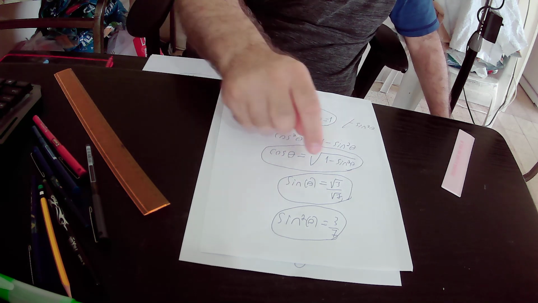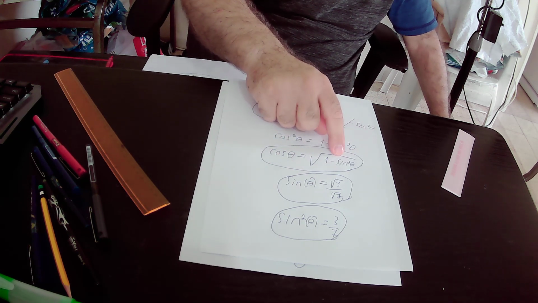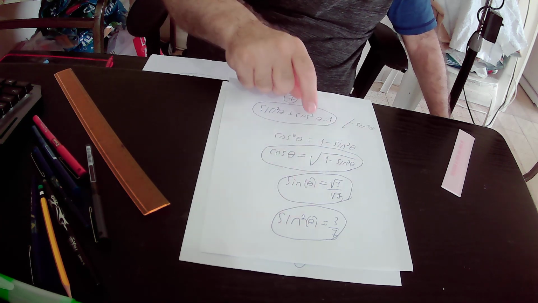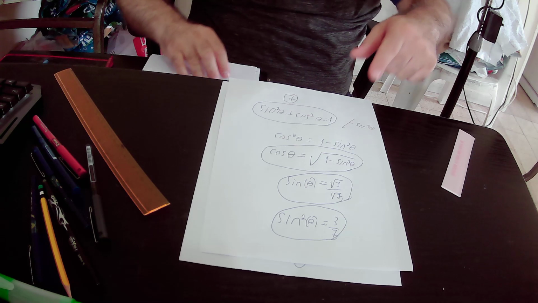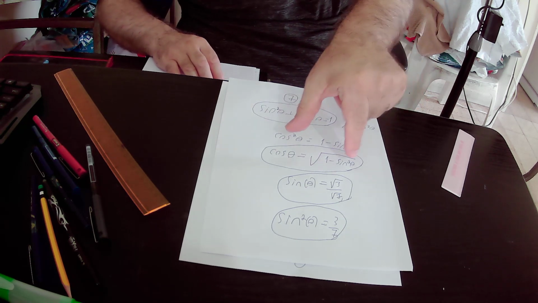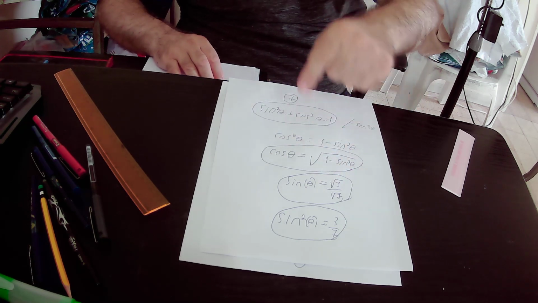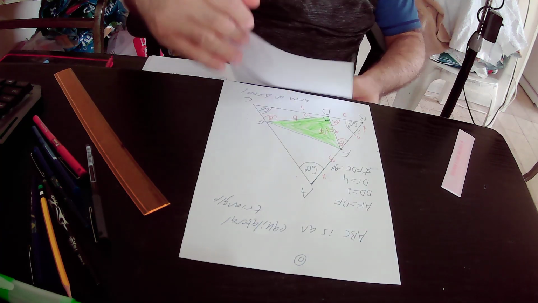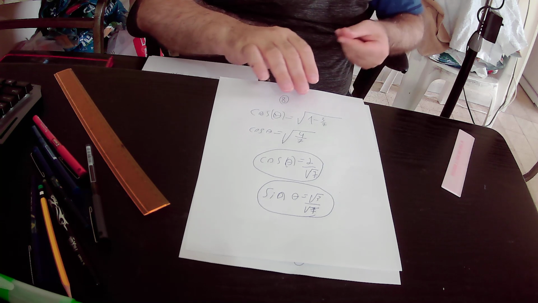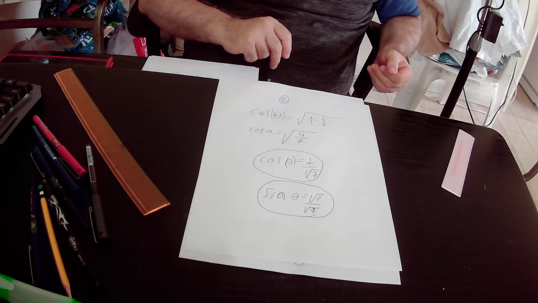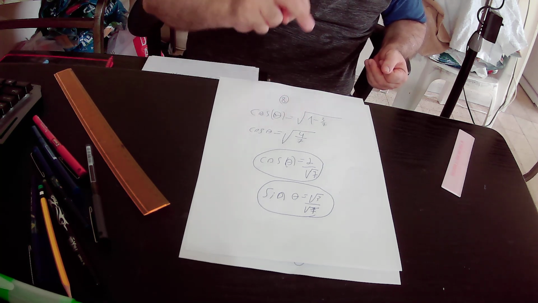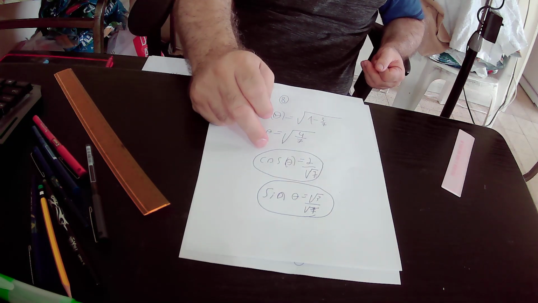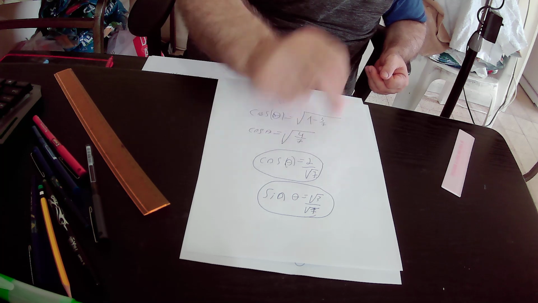So I substituted sin theta squared in this equality by 3 over 7, and we got that cos theta equals the root of 1 minus 3 over 7. 1 minus 3 over 7 is 4 over 7, and the root of 4 is 2, so the value of cos theta equals 2 over root 7.